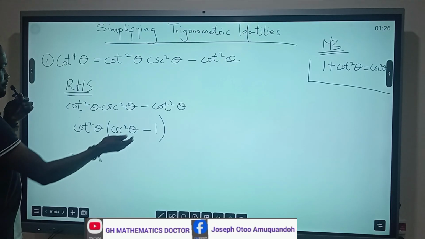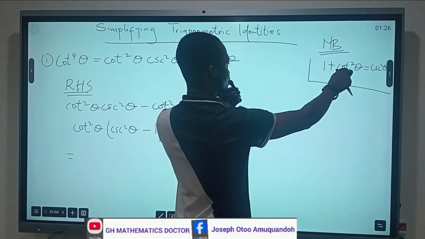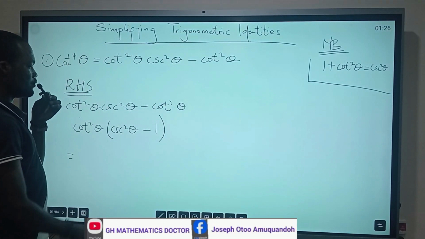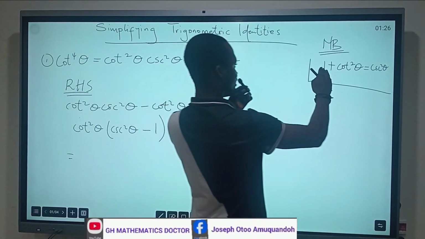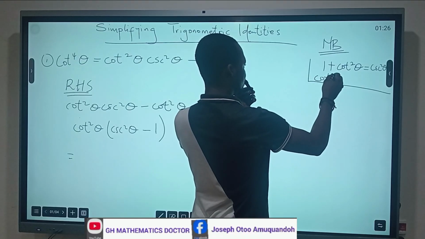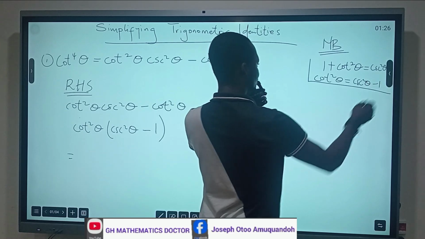This gives us a particular identity that says 1 plus cot square theta is equal to cosec square theta. So if you want to get cosec square theta minus 1, we need to take this 1 to join the cosec square theta, so that we get cot square theta equal to cosec square theta minus 1.